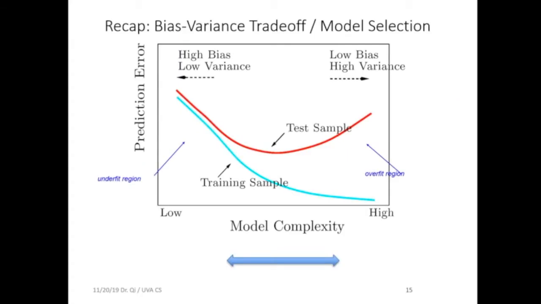All right, let's come back to the bias and variance trade-off. To recap, we always use this figure of the generalization error, using test samples, which has a bowl shape: the complexity of a model shouldn't be too low, and it shouldn't be too high.